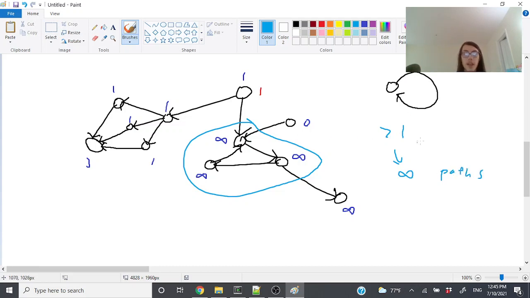And the reason we have infinite paths is because essentially we always have a cycle, so we can just keep going along that cycle as many times as we want. So if we have any SCC that has a cycle, either an SCC or something that has an edge to itself, then there are an infinite number of paths.